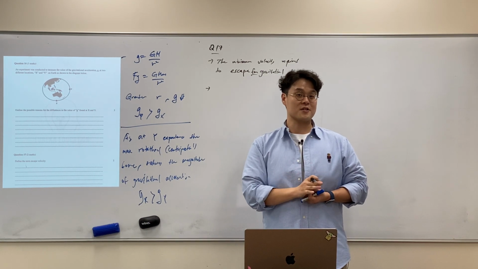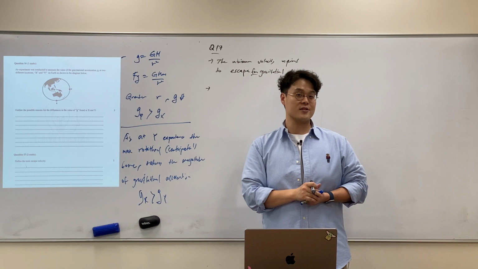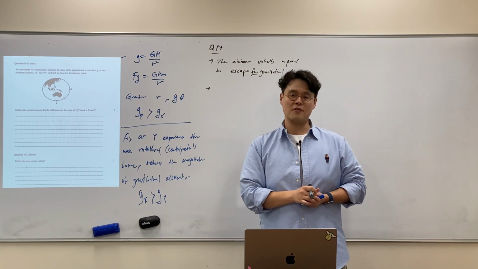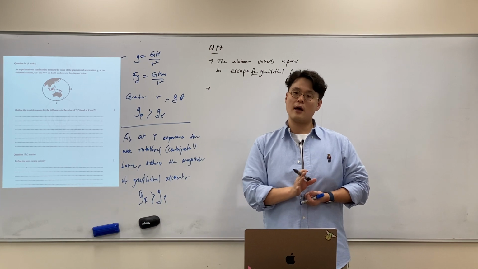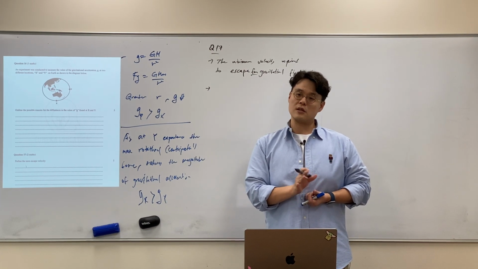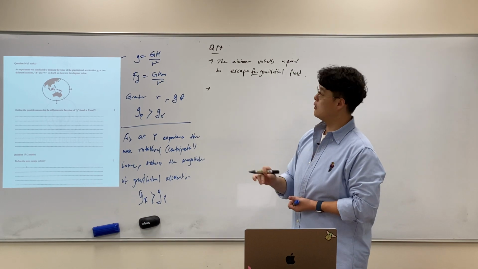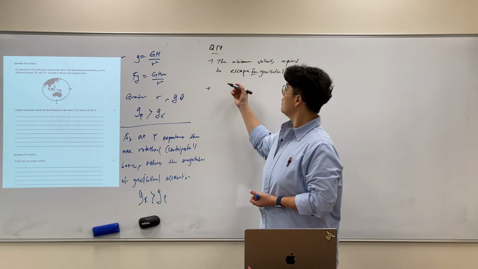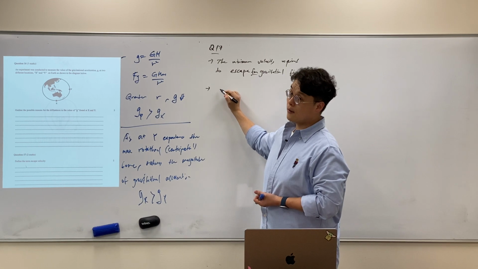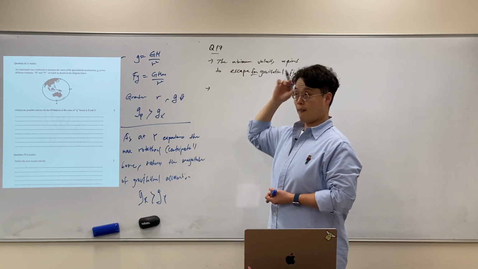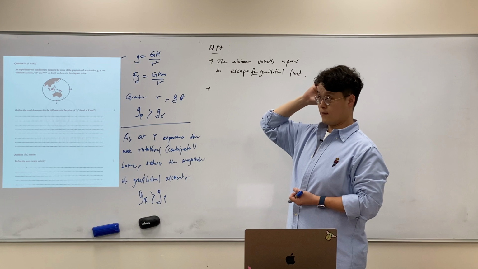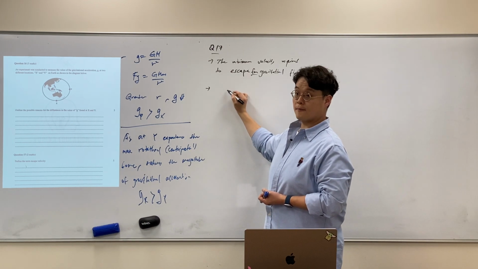I'm not giving questions that you can just simply memorize and write the answers. That's the same for the school teachers too. They were not going to give you a plain define question. So you've got to tell me how to find the escape velocity, how to express it. Minchan, any ideas? Potential gravitational energy plus kinetic energy.